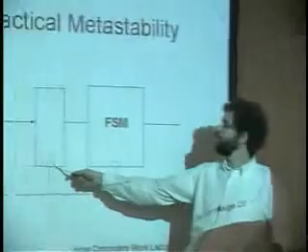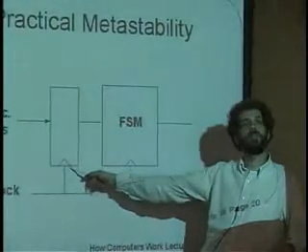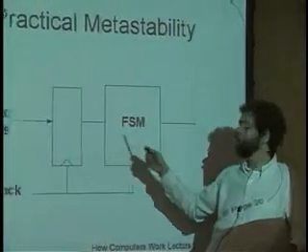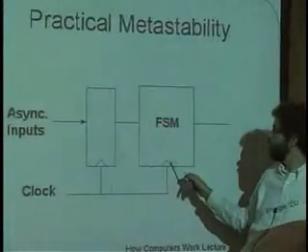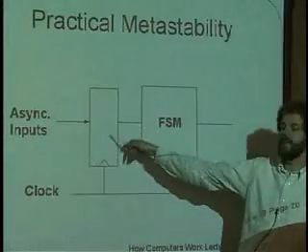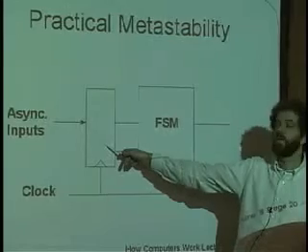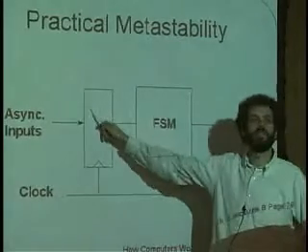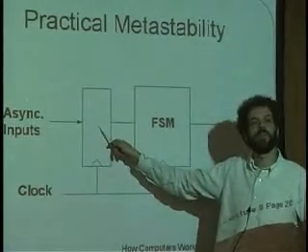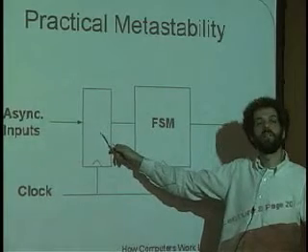The answer is it depends how fast the clock is. Once the clock goes off, if we wait a long time before we supply the clock again, in other words, before we expect this FSM to make use of the answer that comes out of this thing, we give time for the flip-flop to make up its mind.